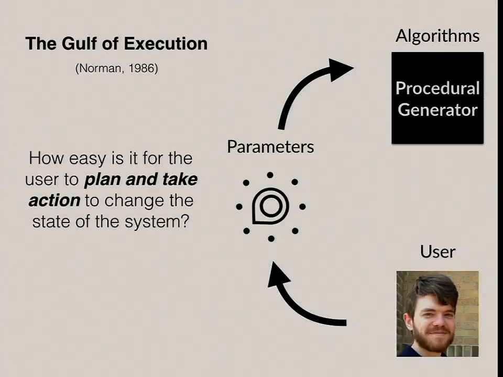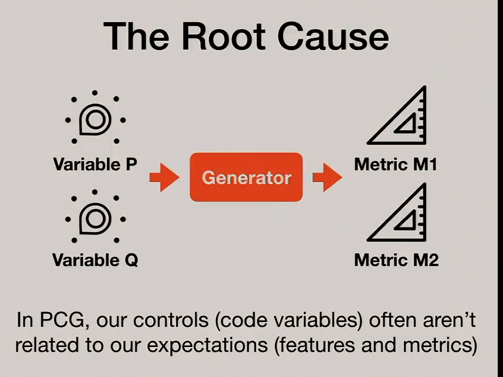So the reason why this problem is so thorny is because when we think about procedural generators, we have this code that generates stuff that has these variables and these controllers. But then the way that we evaluate the output is very different. It's more about the qualities that the finished artifact has, right? So if we're generating Mario levels, for instance, you might be interested in things like how fun is the level or how difficult is the level.